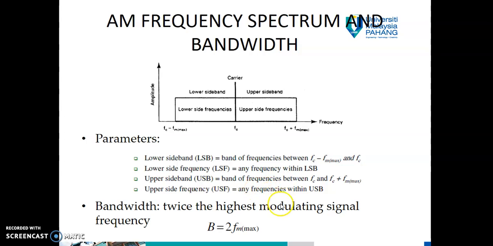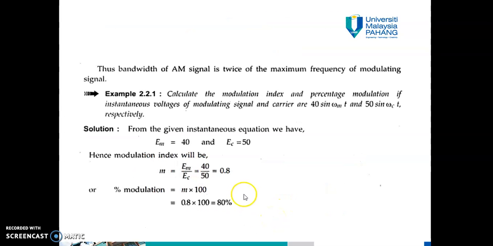Okay, now this is an example. Normally, as I already told you, VC should be higher than VM. So what happened here? The modulation index M equals EM divided by EC, 40 divided by 50, 0.8.